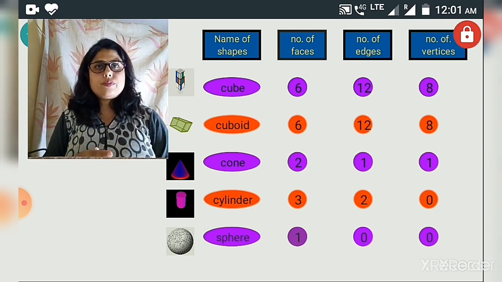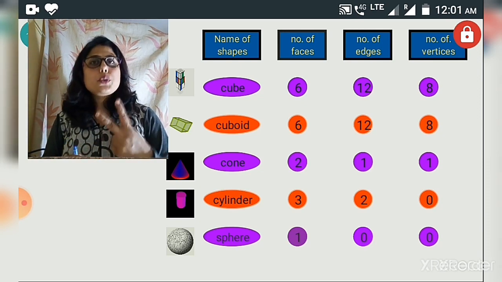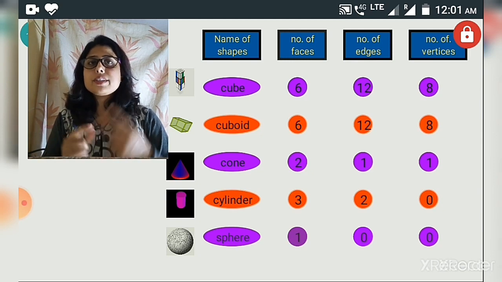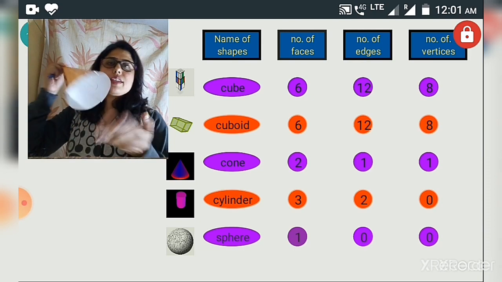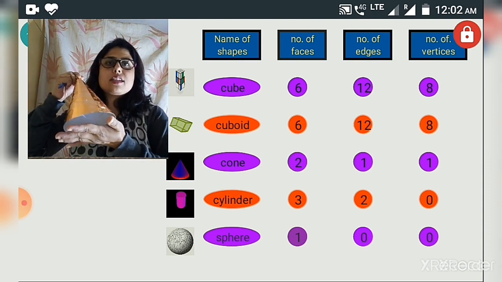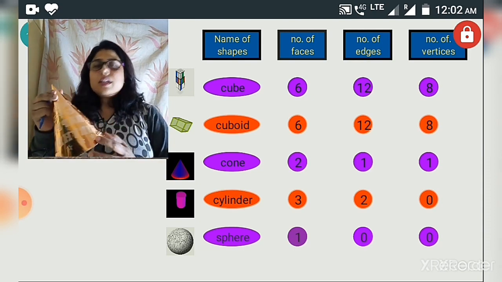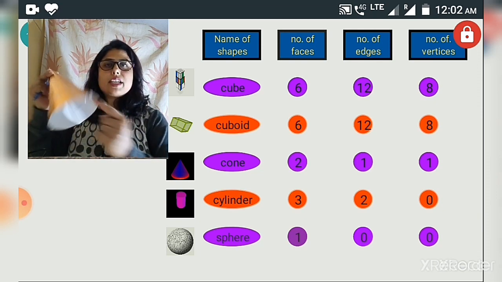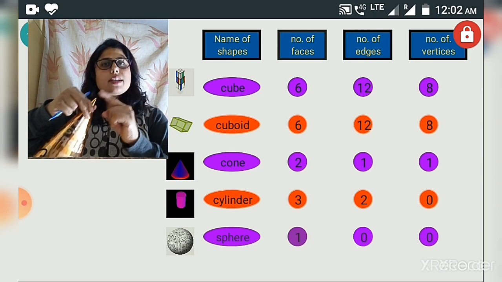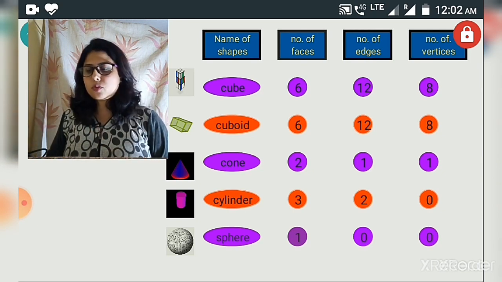Next is the cone. Cone contains, as I told you, 2 surfaces. One is a curved surface, and one is a flat surface, which we can even call the base. In the cone it contains one curved edge, and one apex, which we can even call a vertex. That was about the cone.